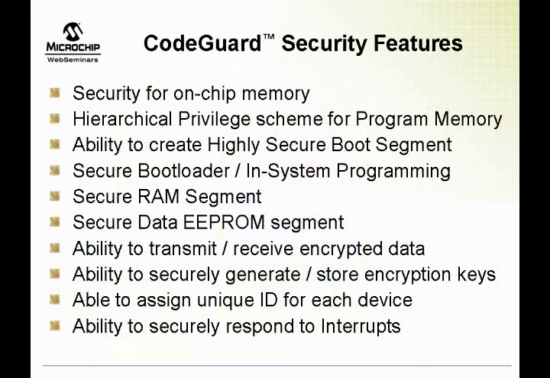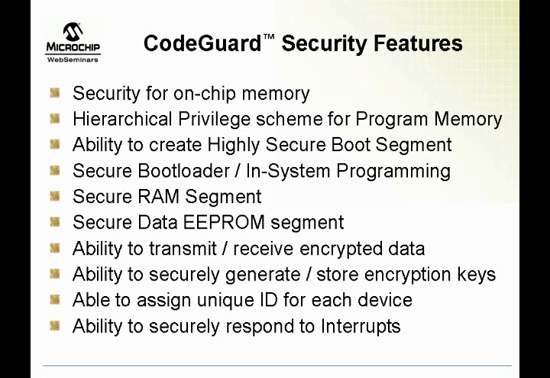But wait, CodeGuard Security is a lot more than just segmenting on-chip flash memory. In order to truly enable up to 3 parties to share resources on the same chip requires some very critical changes in a chip's architecture. Here are some high-level features available on devices that feature CodeGuard Security.